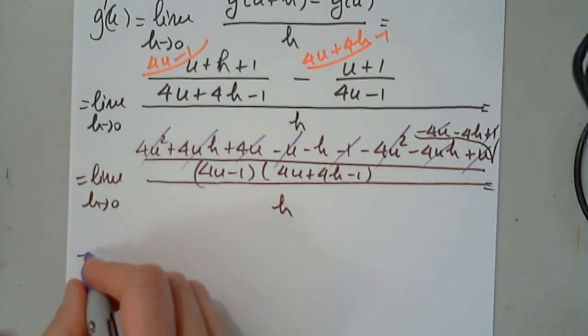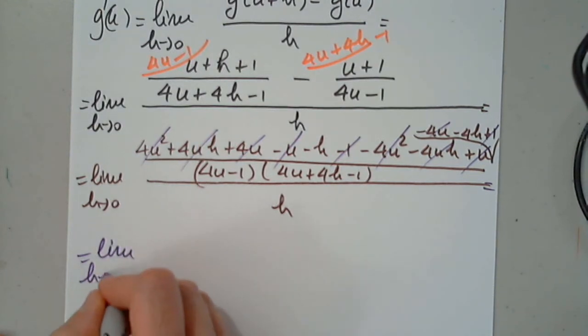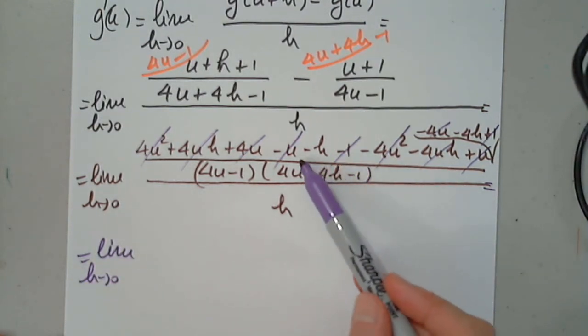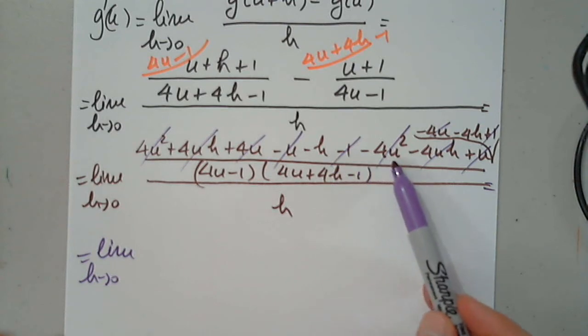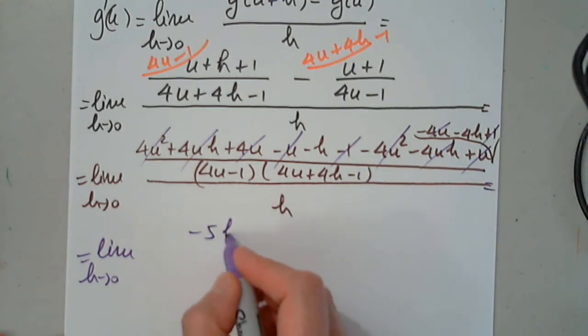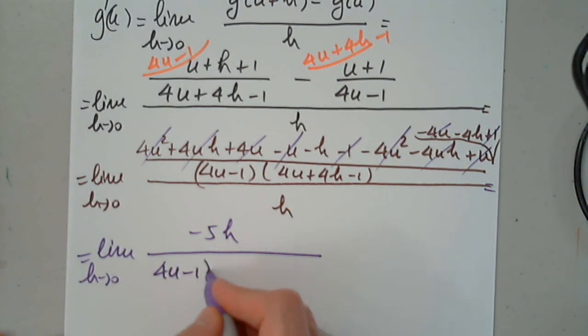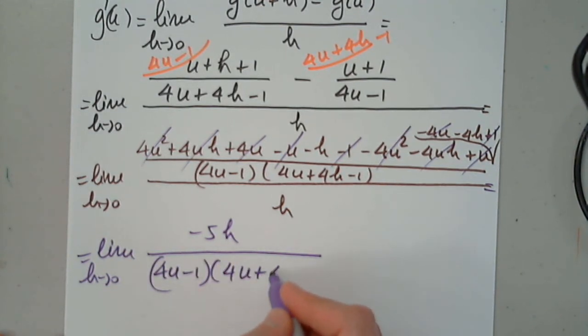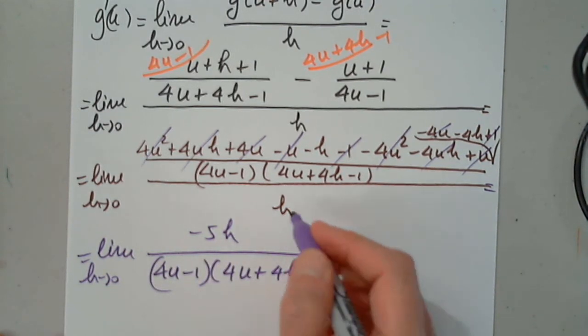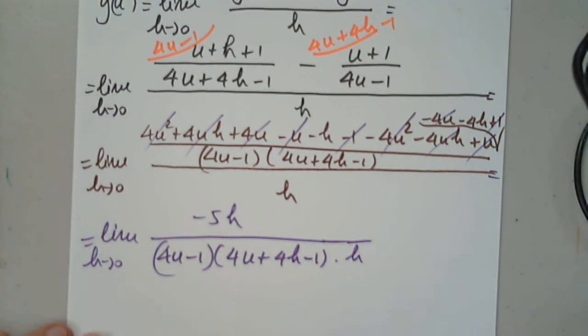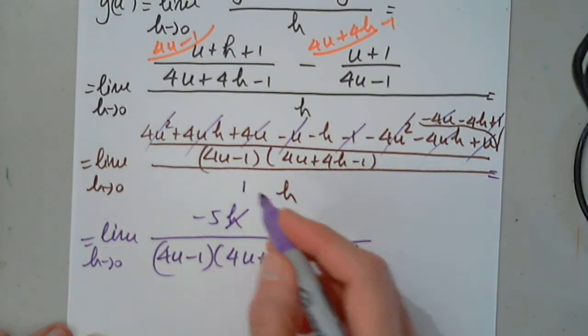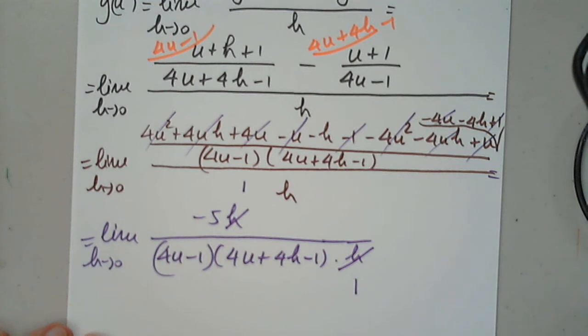Nice. So limit as h approaches 0, negative 5h over 4u minus 1, 4u plus 4h minus 1, and I flip the denominator. This is the second step that always has to happen.